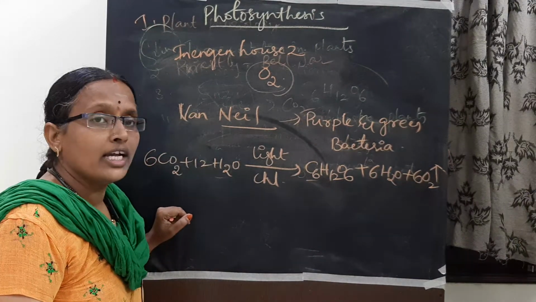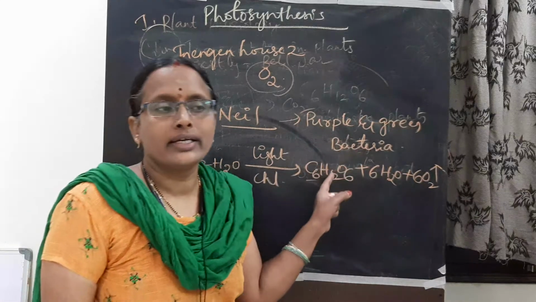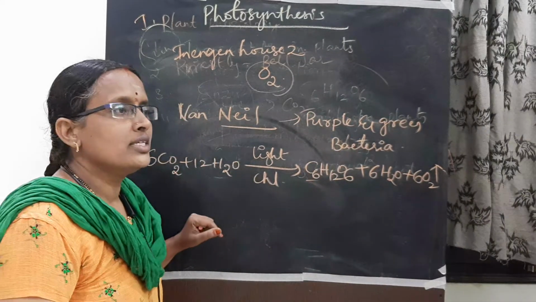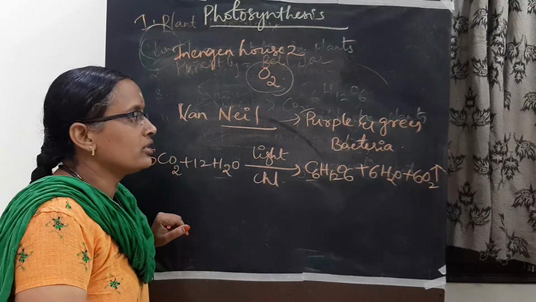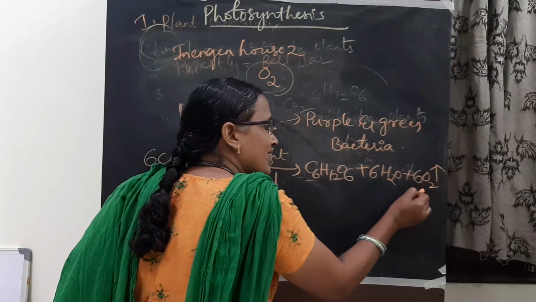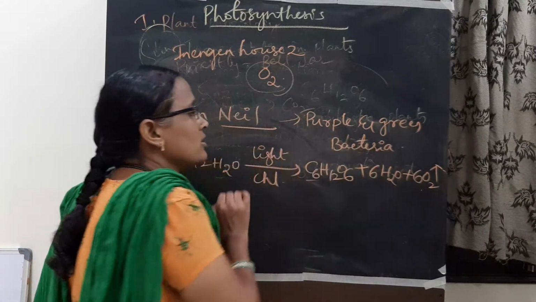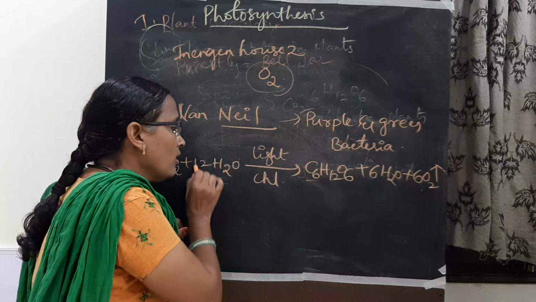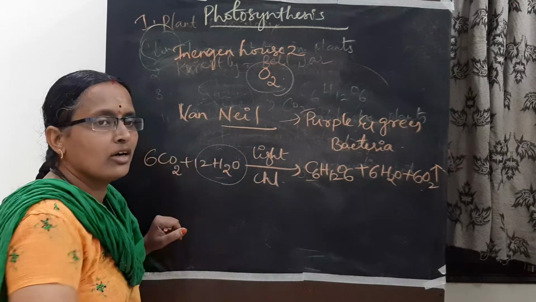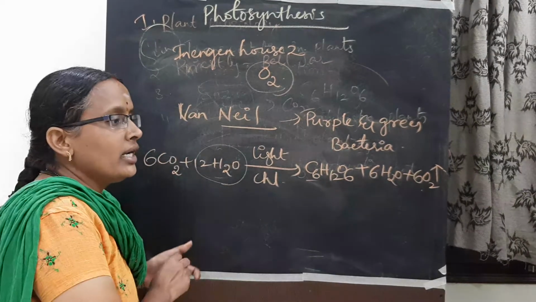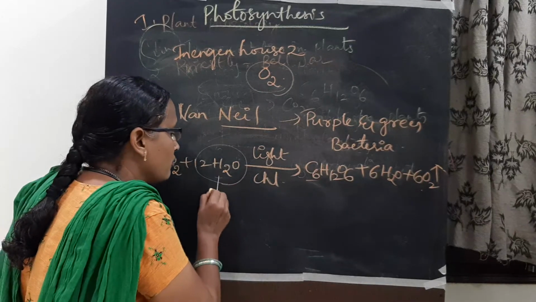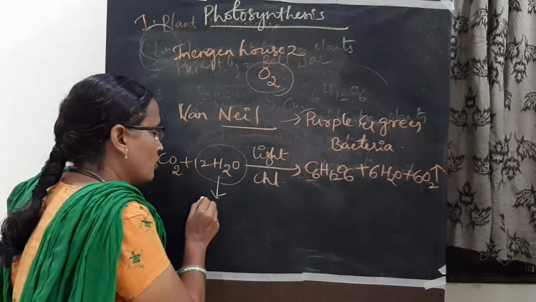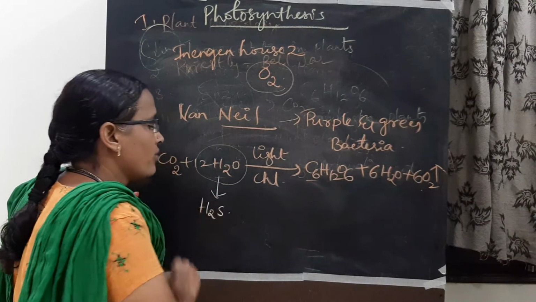So he did experiments on the purple and green bacteria. Not only this, he concluded that whatever oxygen is released in photosynthesis comes from the water only, not from the carbon dioxide. Instead of the water molecule, he used hydrogen sulfide.